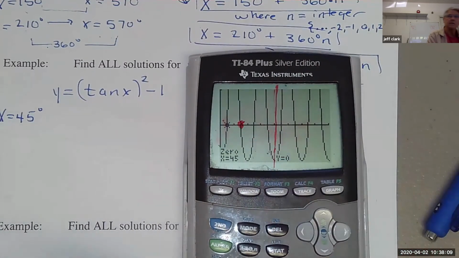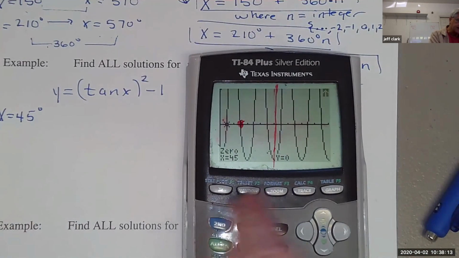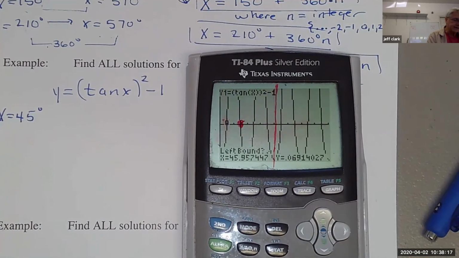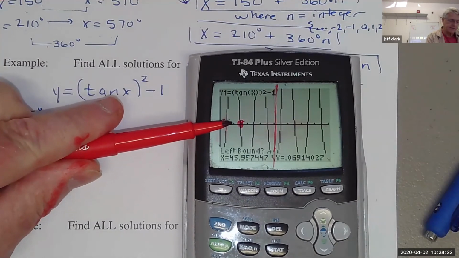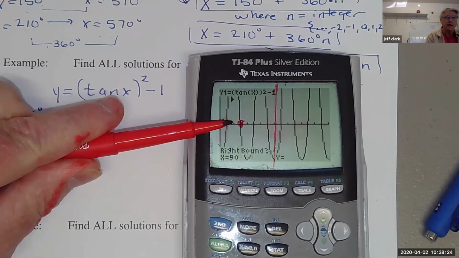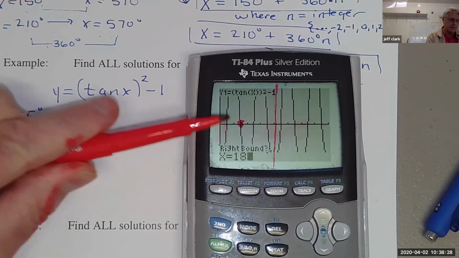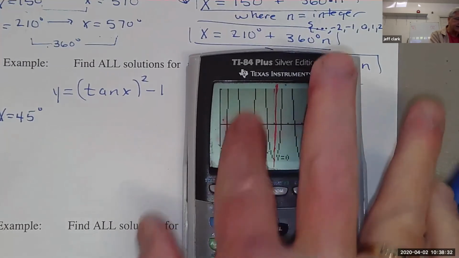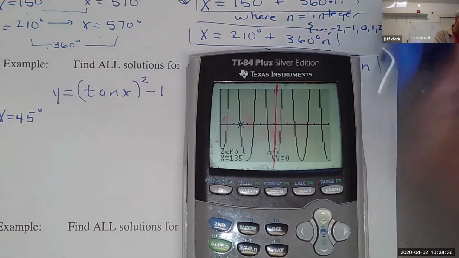I think you're probably seeing a pattern already, but let's second calc 0. Okay, let's do 90 degrees on the left-hand side, which is right there, left bound. And then 100 degrees is on the right-hand side right there. And enter for guessing. See, there's my cursor right there blinking. So 135 degrees.